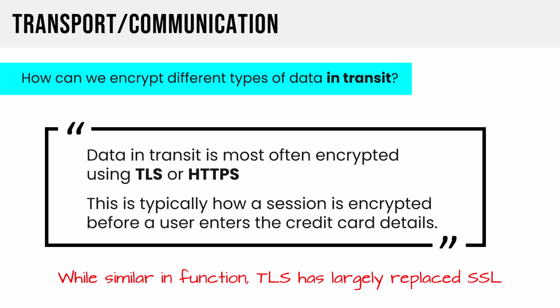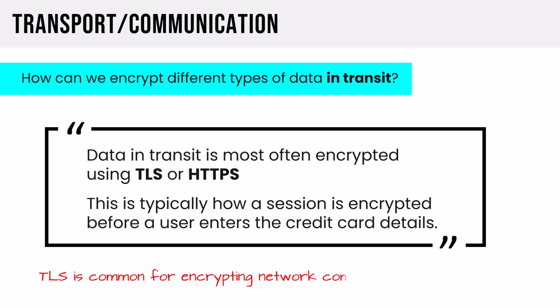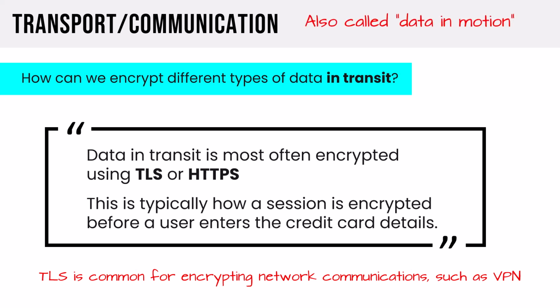So when you see TLS and SSL used interchangeably, TLS is really what's typically being used there. TLS is common for encrypting a widespread variety of network communications like VPN as well. You'll also hear data in transit called data in motion, two ways of saying the same thing.